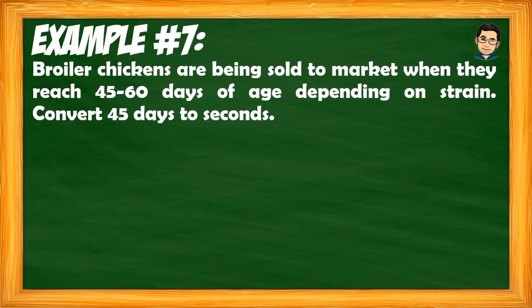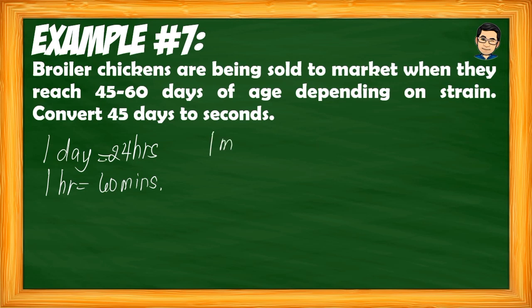So, para mas maging malinaw sa inyo, isusulat ko lang 1 day is equal to 24 hours. Ano pa? 1 hour is equal to 60 minutes. And then, 1 minute is equal to 60 seconds.